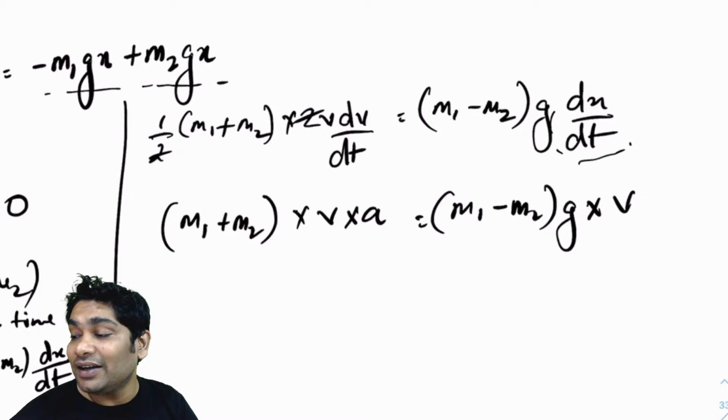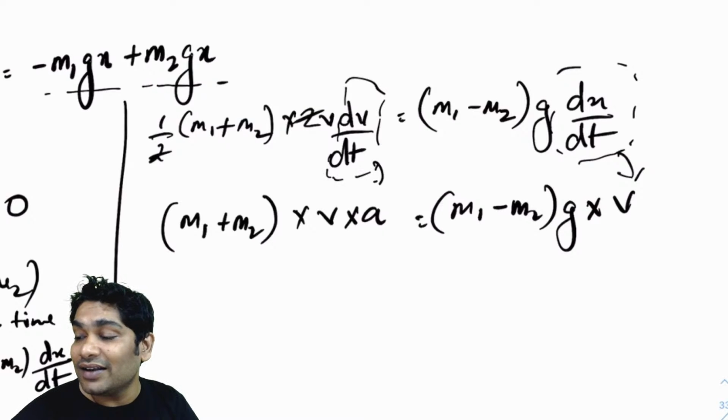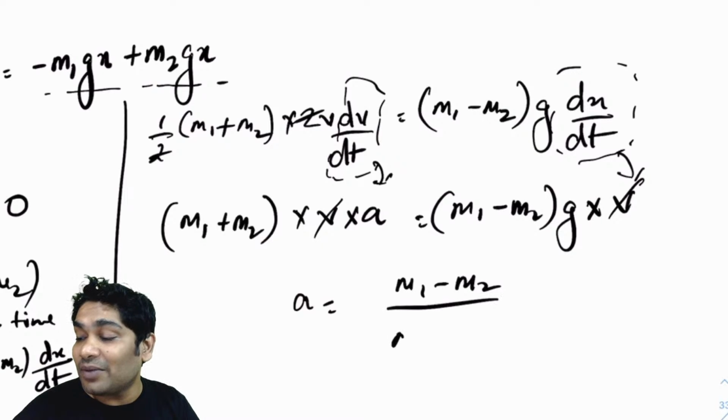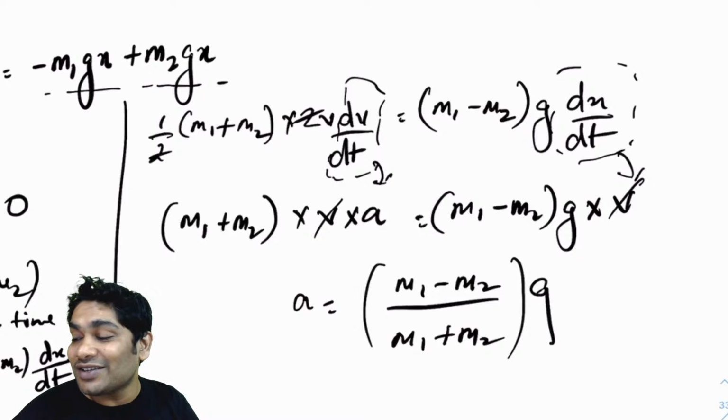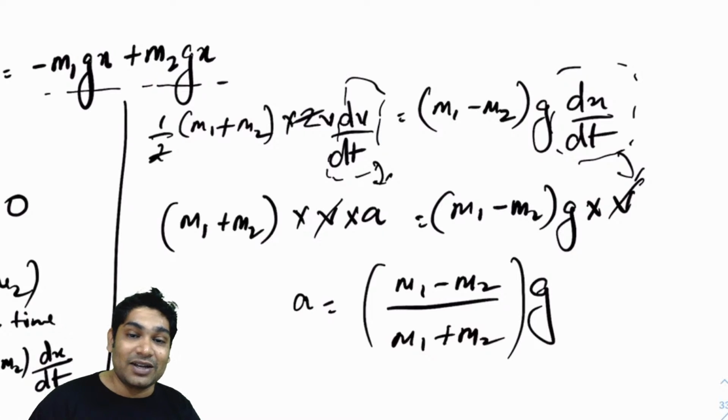This dx by dt is v, this dv by dt is a, right? So both the v's get cancelled, and you get a as (m1 minus m2) over (m1 plus m2) times g. Now you can use your Newton's equations, F equals ma, and you will get the same answer.